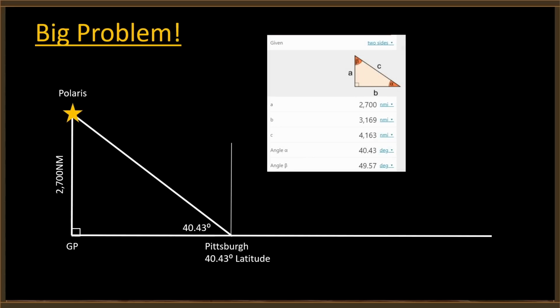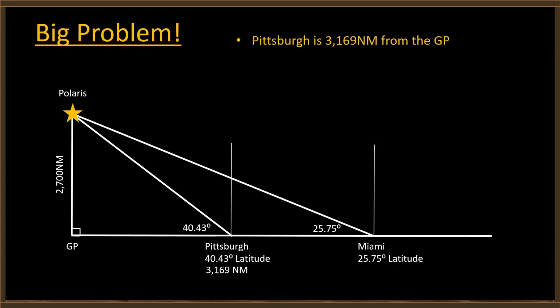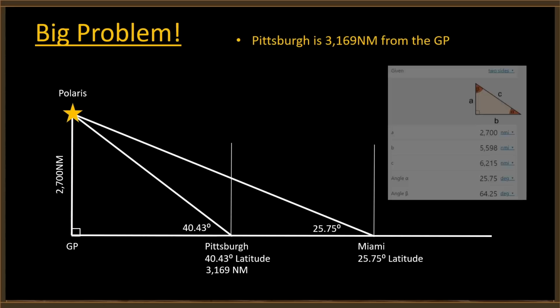So let's put the distance into the triangle calculator. 2,700 nautical mile altitude, a latitude of 40.43 degrees, and we get a distance from Pittsburgh to the GP of 3,169 nautical miles.